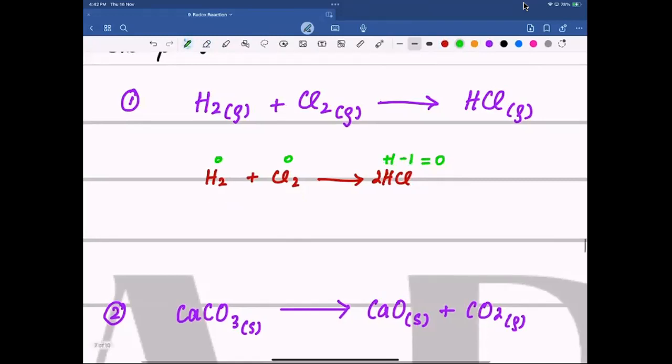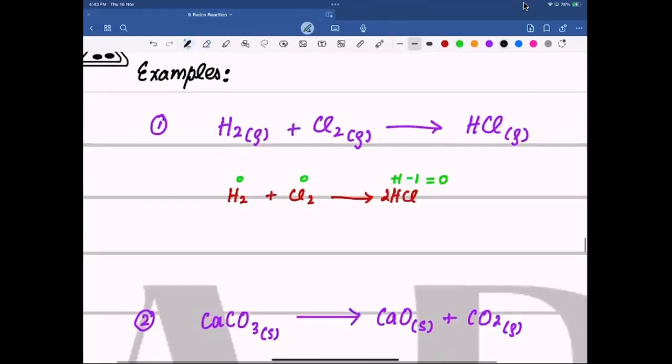Now if you compare, what happens to the oxidation number of hydrogen? It increases. So it means hydrogen undergoes oxidation, and if it undergoes oxidation, then it is a reducing agent.